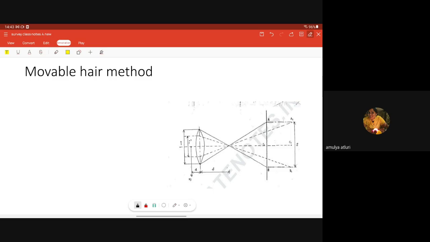Let's go for the nomenclature. P is the pitch of micrometer screw. M is the number of rotations.